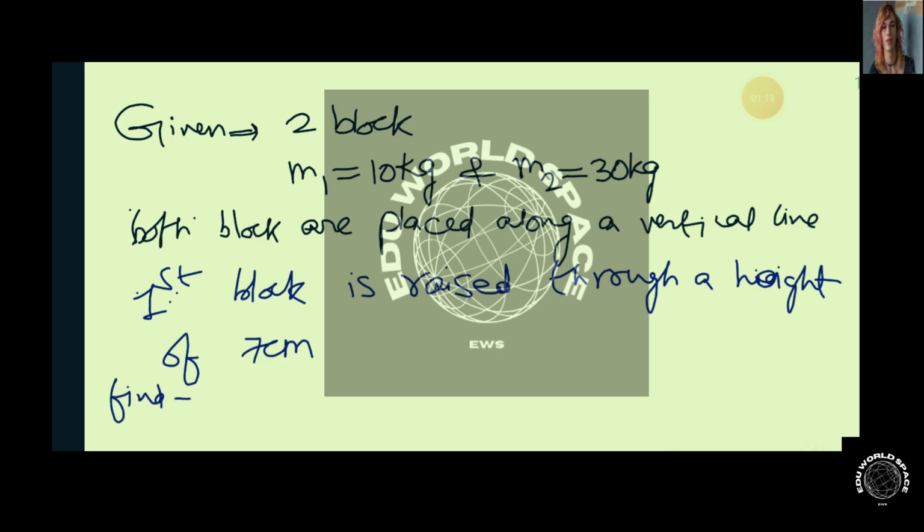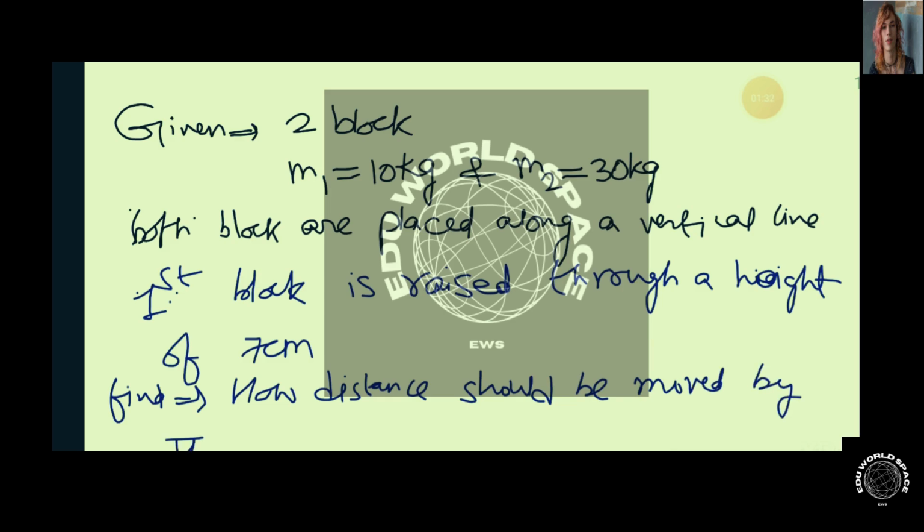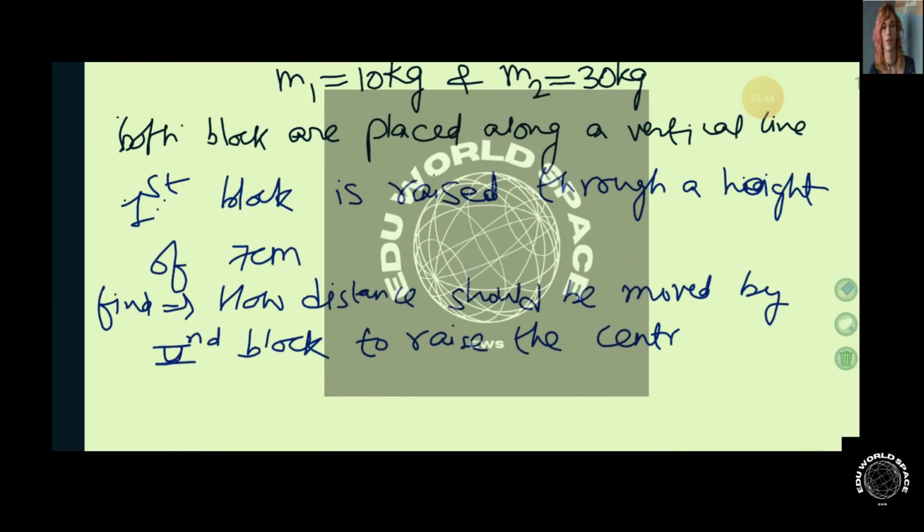That means we have to find how much distance should be moved by the second block to raise the position of the center of mass by 1 centimeter. So this is the question.